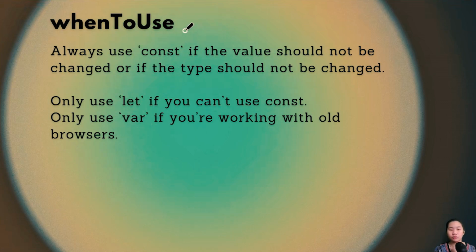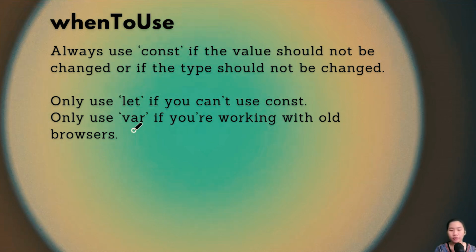When do we use const, let, or var? Always use const if the value should not be changed or the type should not be changed, okay? So you're using this for very strict values, like this value could not be changed under any circumstances. Only use let if you cannot use const.